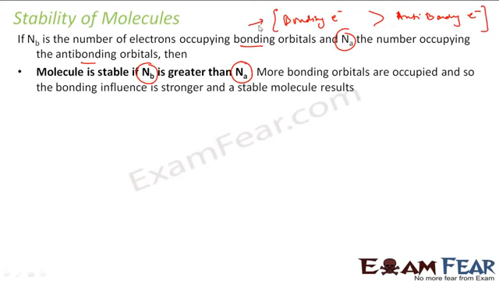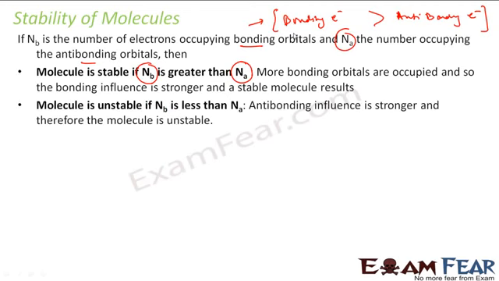Quite reasonable also, because I told you that bonding has lower energy, anti-bonding has higher energy. So if I have more and more electrons in the bonding orbitals, that means my system is pretty stable, right? And if my anti-bonding electrons count is more than bonding electrons, it is the other way around.